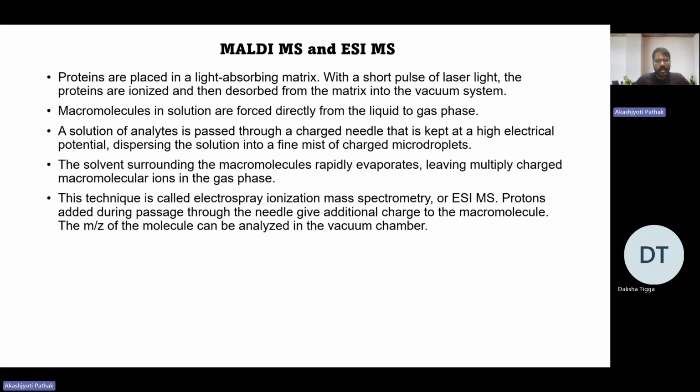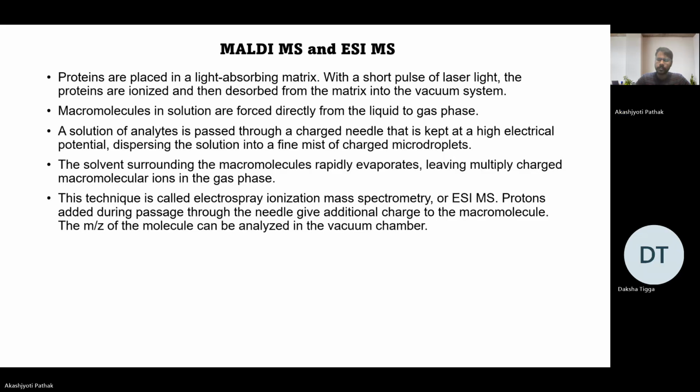So in MALDI MS, what is done? Your sample is mixed with a light absorbing matrix. Then a short pulse of laser light is applied on the sample, and the proteins are ionized and desorbed from the matrix into the vacuum system.